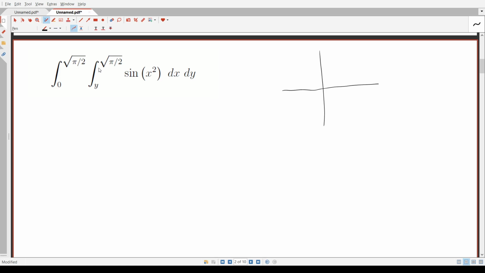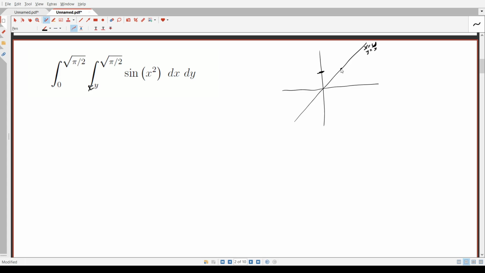Here I'm integrating first with respect to x. That means I'm going to fix a value of y, and then where am I integrating from? First, I'm integrating from x equals y. Well, x equals y is the same as y equals x. If I draw this line, this is the line x equals y or y equals x, they're the same line.